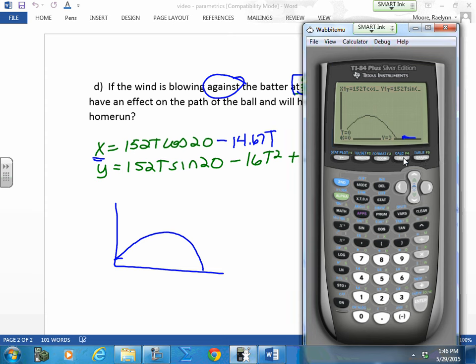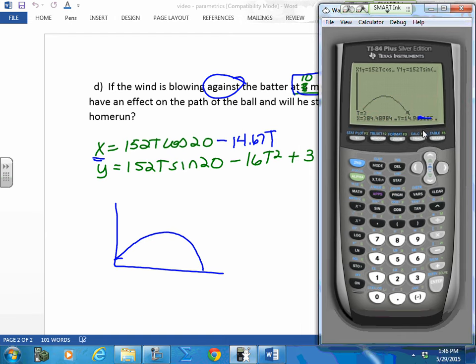440 feet. He still needs to make the home run, and he still needs to clear the fence. So we're going to trace until we see 440. So we're about 448. We're probably a little bit before 3.5.